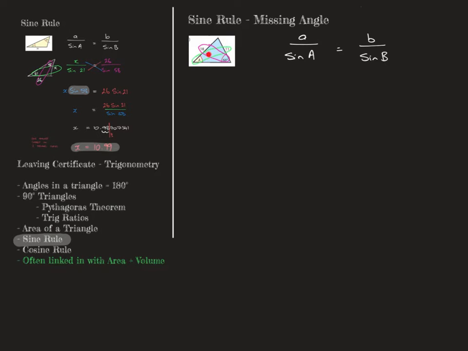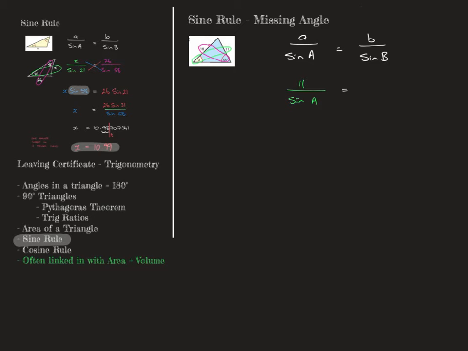A represents the side, so the side I'm going to put in there is 11, all over sine of A. Sine of A is not changing, it's still sine of A. That's going to be equal to b all over sine of B.